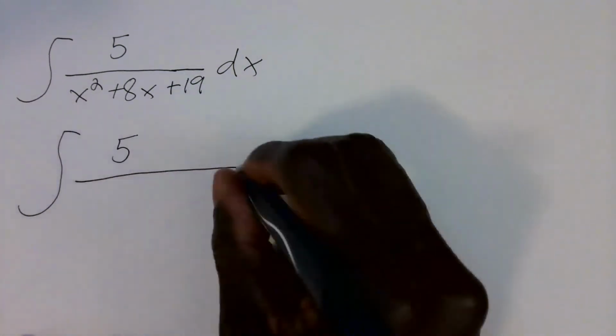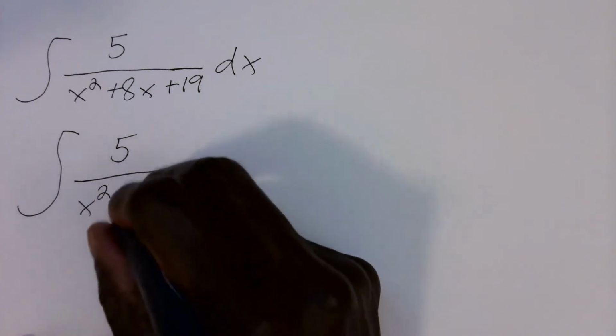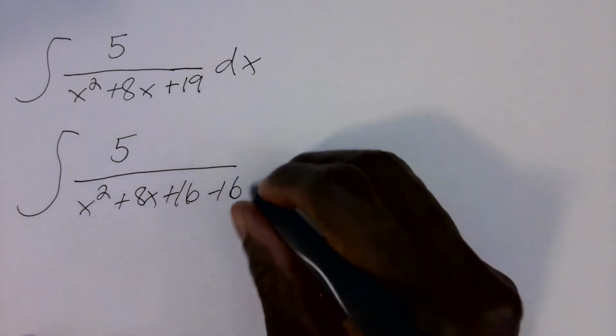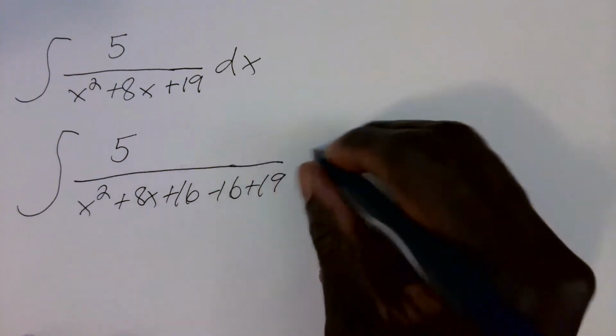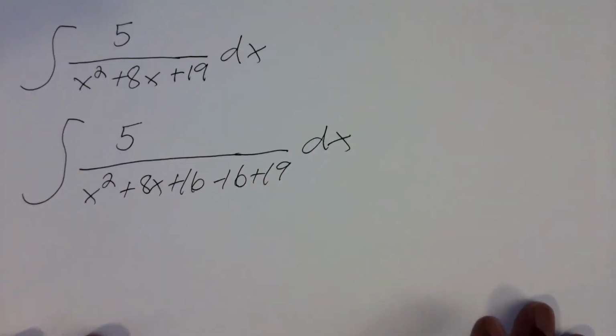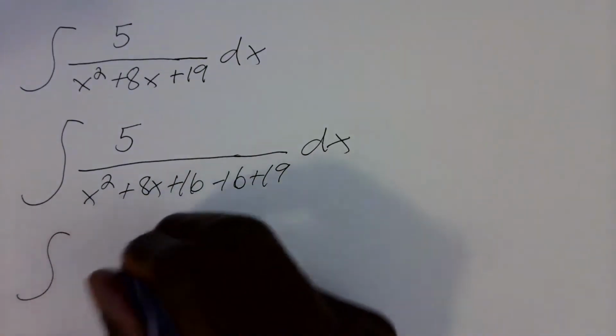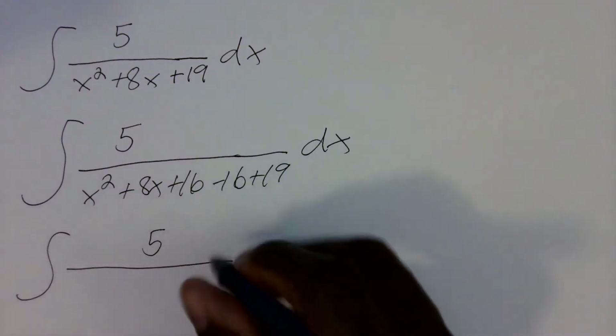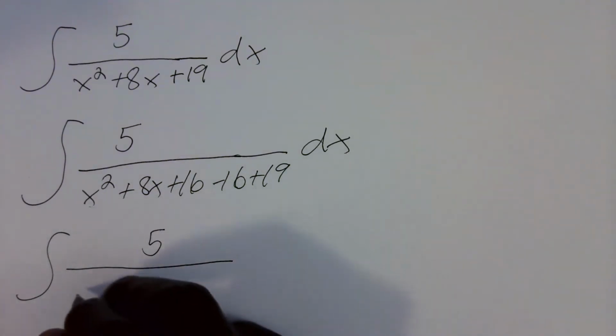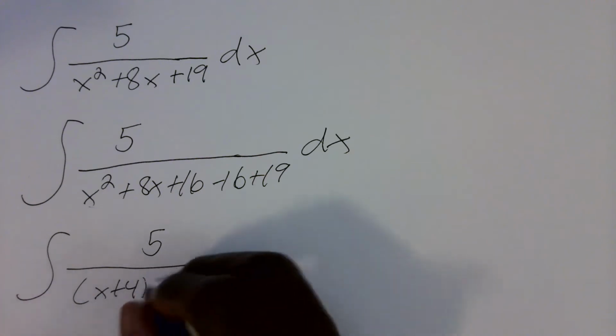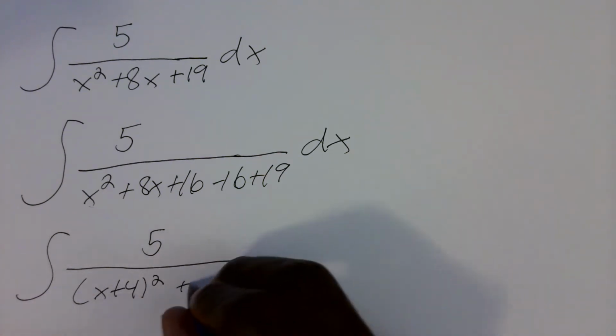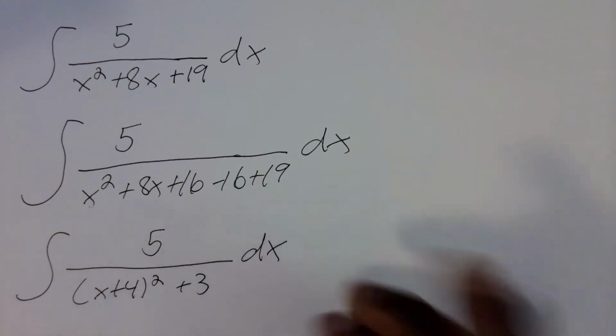This will become x squared plus 8x plus 16 minus 16 plus 19 dx, and thus that'll become x plus 4 squared plus 3 dx.